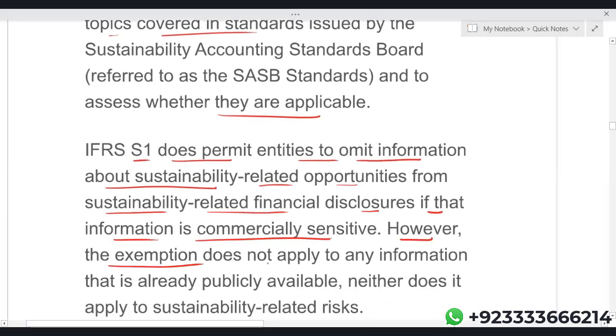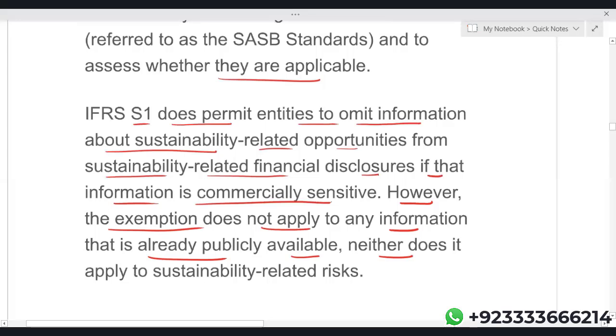However, the exemption does not apply to any information that is already publicly available. Obviously, if something is already publicly available, then you cannot hide it. Neither does it apply to a sustainability-related risk.